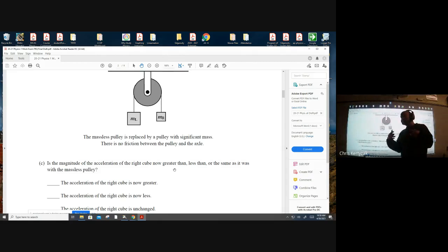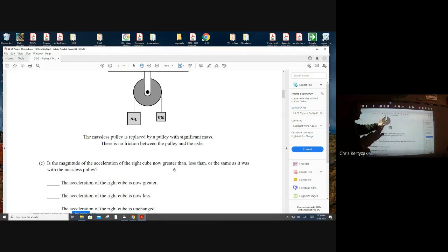But actually, the motion of the system is driven by the loss of gravitational potential energy of the big guy as he goes down. Potential energy is decreasing, so it must be transforming into kinetic energy. When the mass of the pulley is negligible, that loss of potential energy for the big guy just gets turned into kinetic energy for both of them as they start to move.